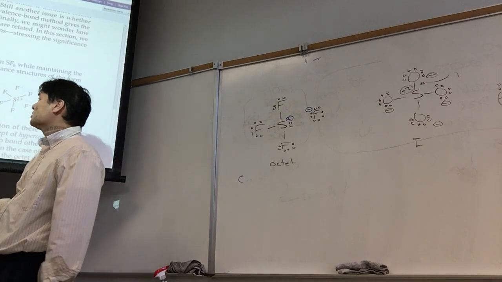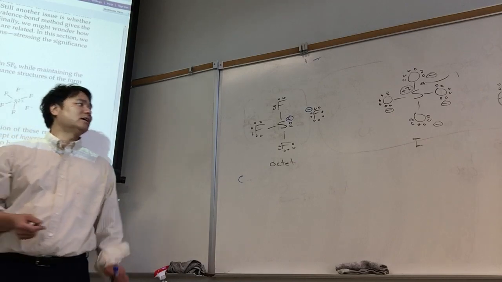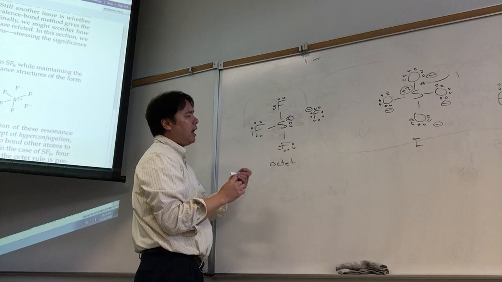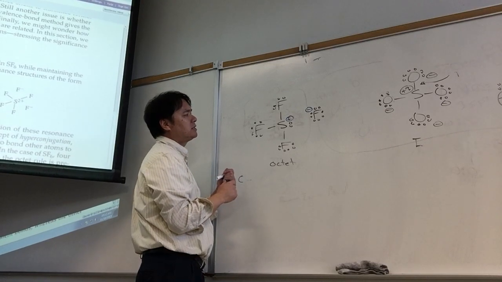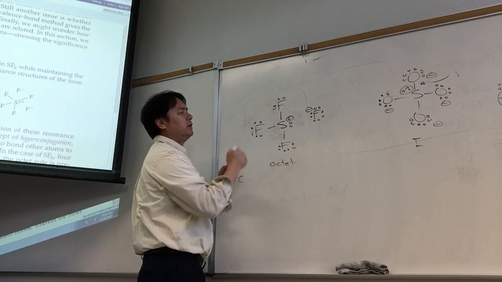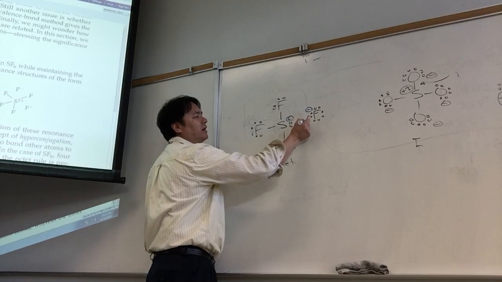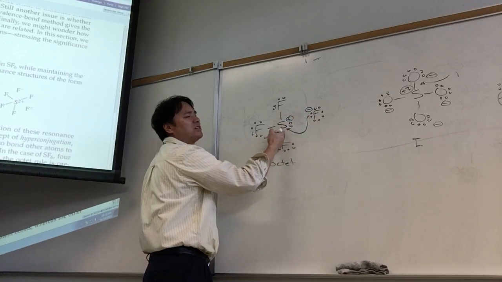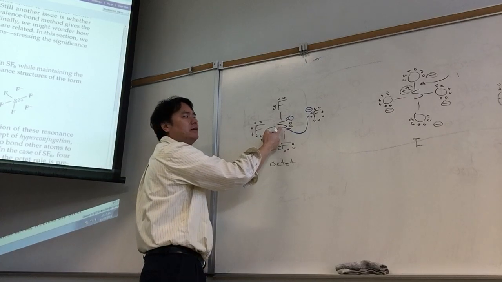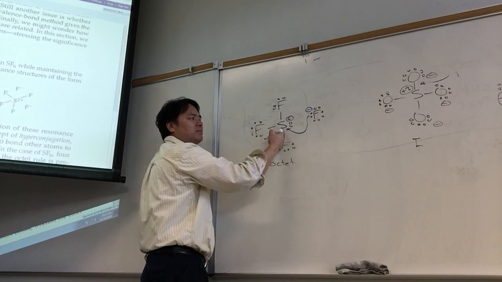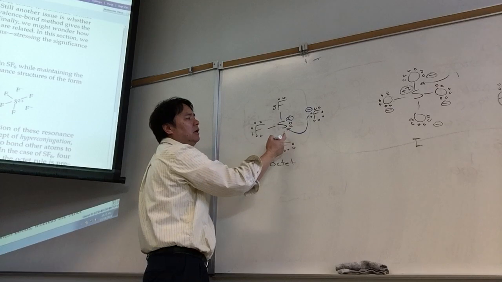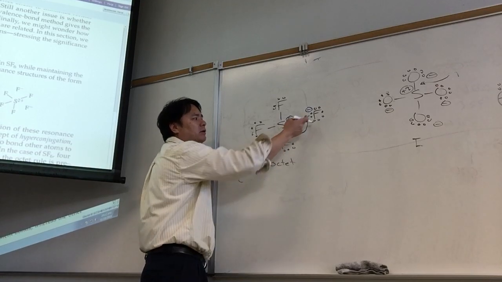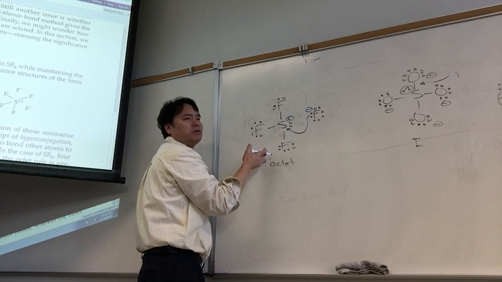Now, what explains the structure? What explains the structure is this. How the electron density moves here would be like this. If this fluoride comes in and tries to bond to that sulfur like this, it's negative, this is positive, there's going to be an attraction. It could, if there's room. Well, if there are d orbitals, it would.